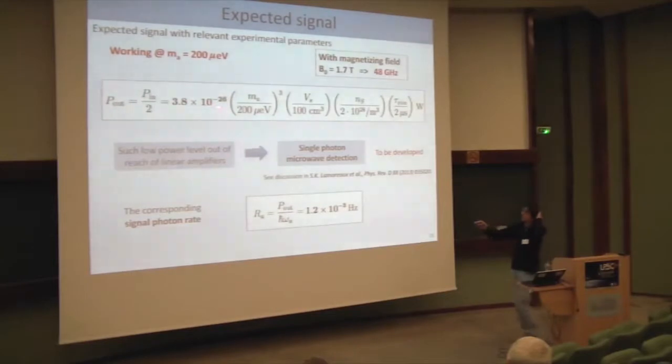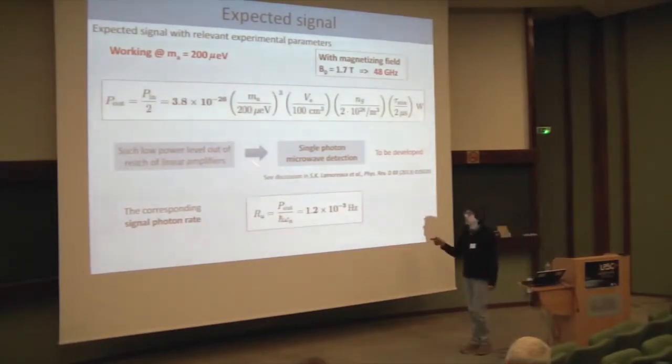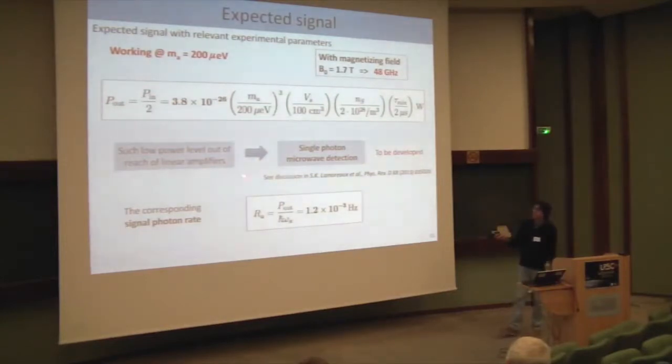This is 4 times 10 to the minus 26 watts, which again is a very small number, but probably not so small that it cannot be detected. Of course, it cannot be detected using a linear amplifier. This is out of the reach of linear amplifiers, but it might be detected at some point if you have a single photon microwave detection device that can work at this frequency.